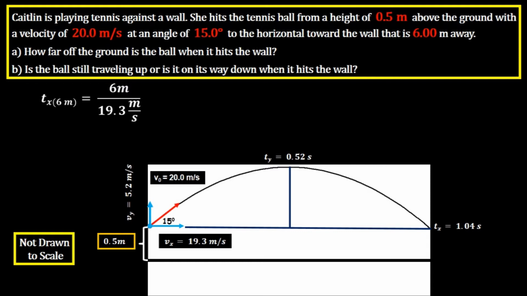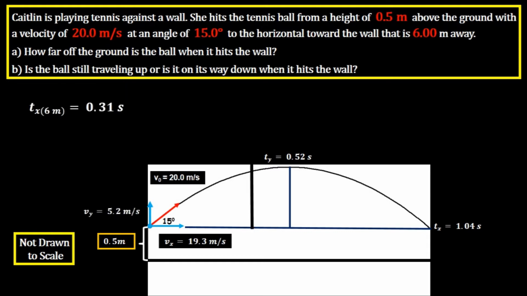Dmax is 0.52 seconds. Tx at 6 meters is 0.31 seconds. So I drew the wall in between the origin and dy max at Ty, which is 0.52 seconds.